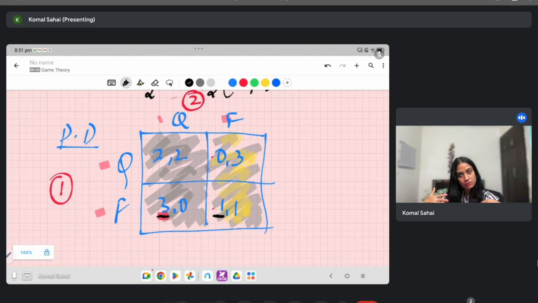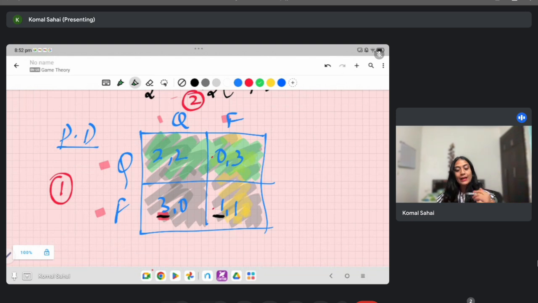Now you have thought from Kabir Khan's side, and now you have to think from the side of the Australian player. So from the Australian player's side, what do you have to look at? If player 1 chooses to be quiet, then you are in this row, and now you have to evaluate the payoffs of player 2, which are the second numbers in every cell.